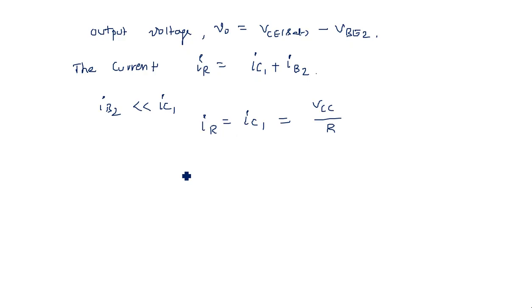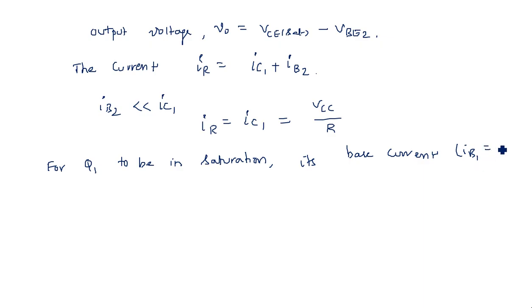Next, for Q1 to really be in saturation under quiescent condition, its base current IB1 is equal to VCC by RB.